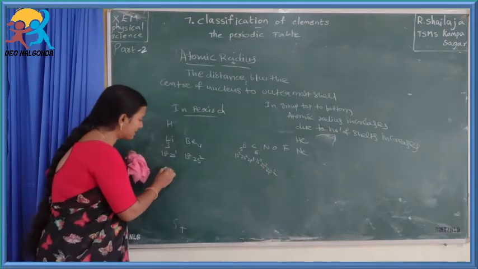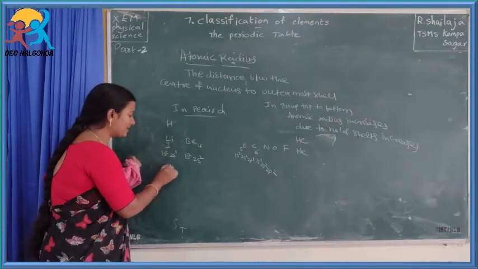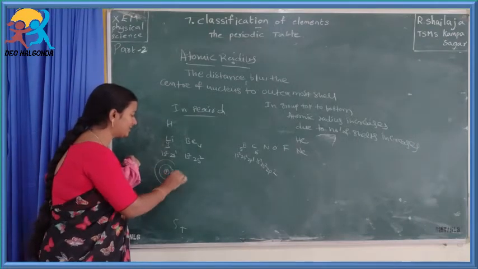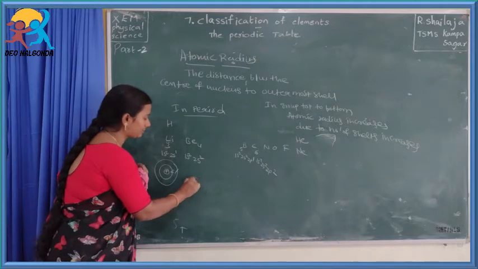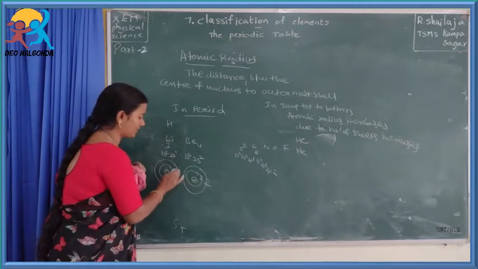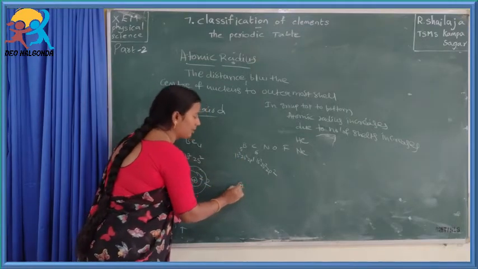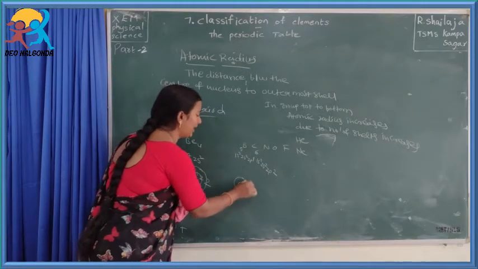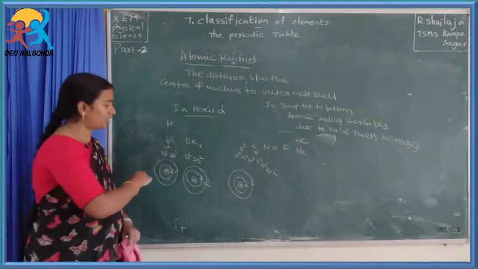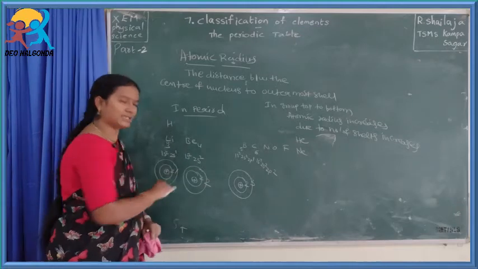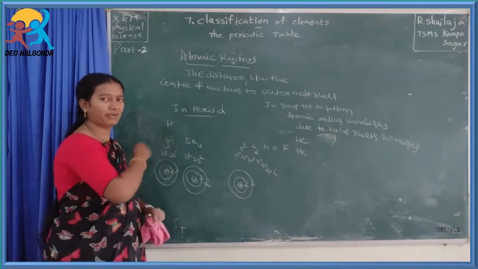For lithium, the nucleus is at the center, first shell 2, second shell 1. For beryllium, first shell 2, second shell 2 electrons. In boron, first shell 2 electrons, second shell 3 electrons. So take these examples in a period from left to right.